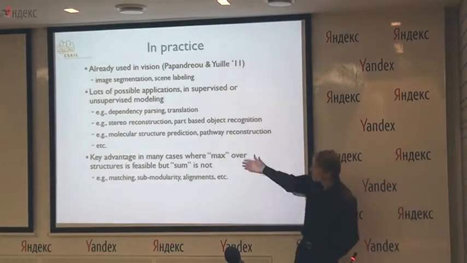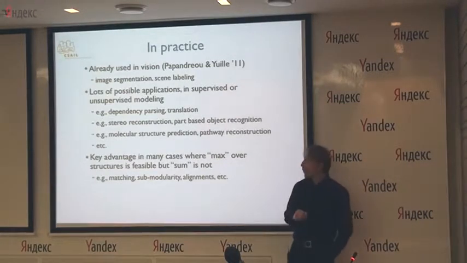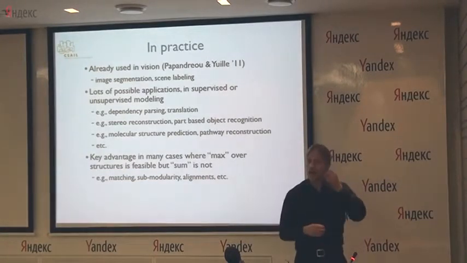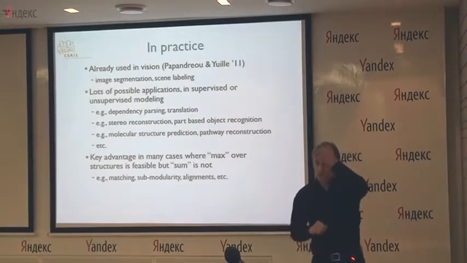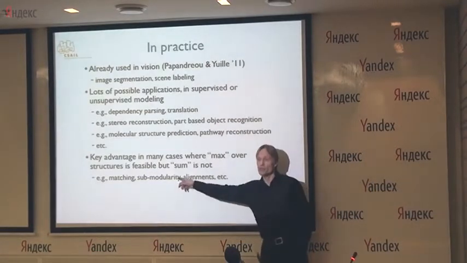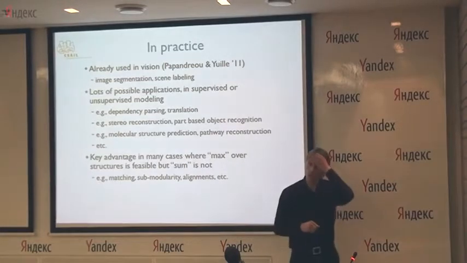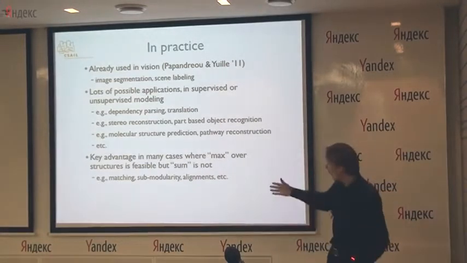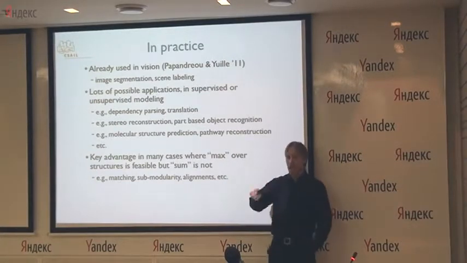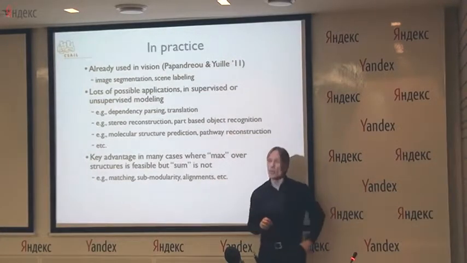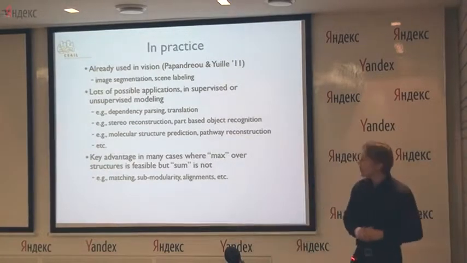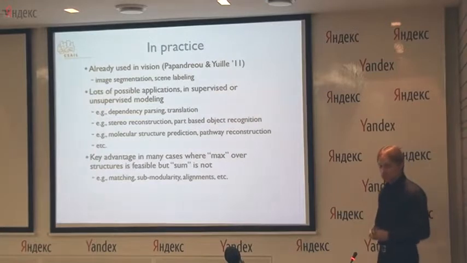In particular, there's a key advantage here for some subclasses of combinatorial problems that are known to be tractable. So, for example, bipartite matching, when the scores have submodular properties, alignments, and so forth. So not only can we draw the maximizing prediction, but now we can also sample from a valid distribution over such structures.